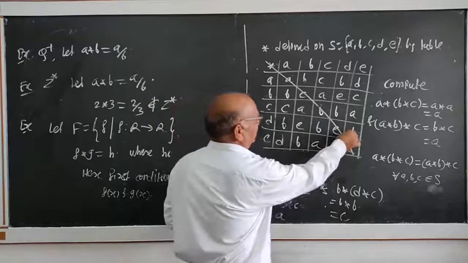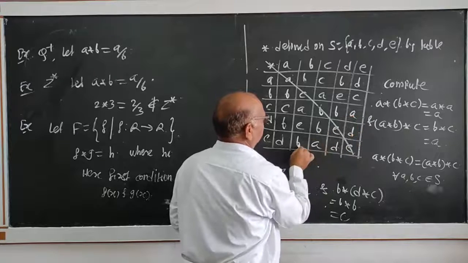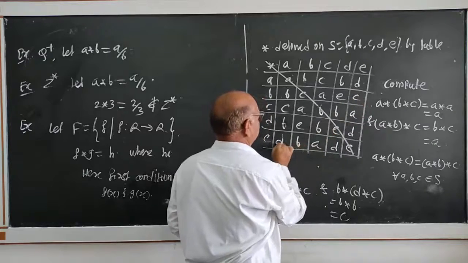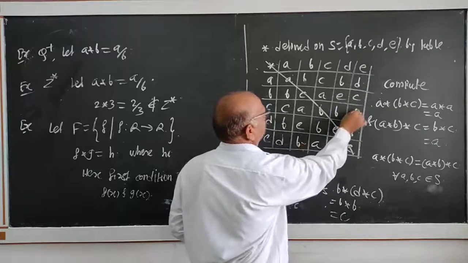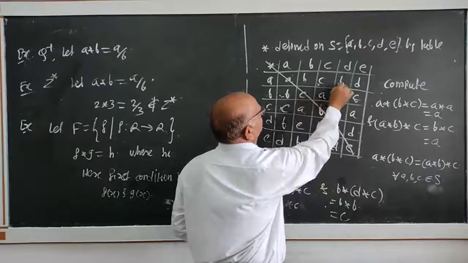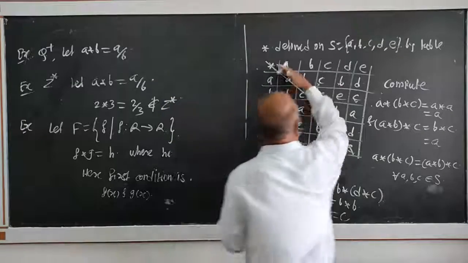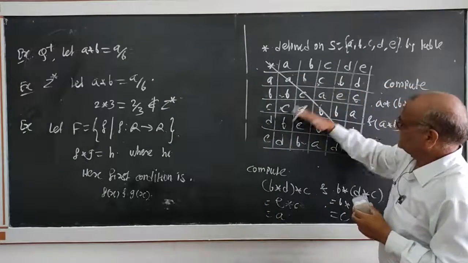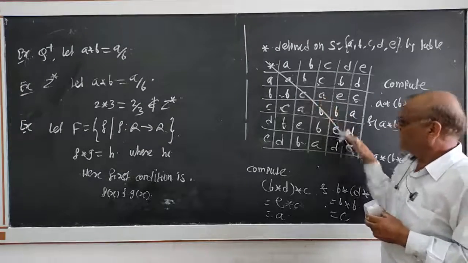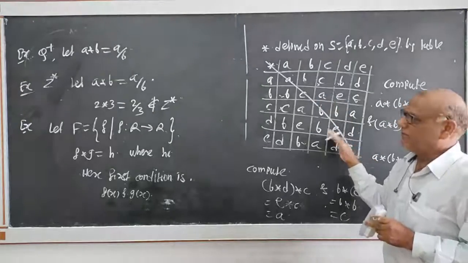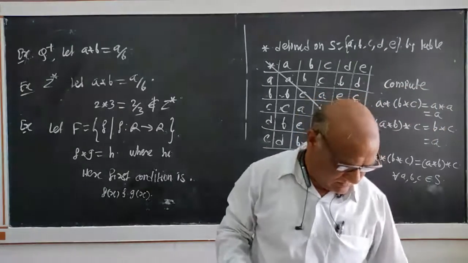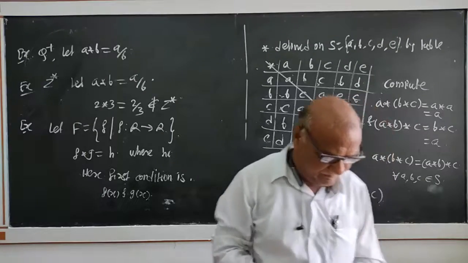Here D, D, A, but here B, here C. That means here D also, but this is not symmetric. Here E also is not symmetric. So this table is not symmetric about the main diagonal. So this operation is not a commutative operation.